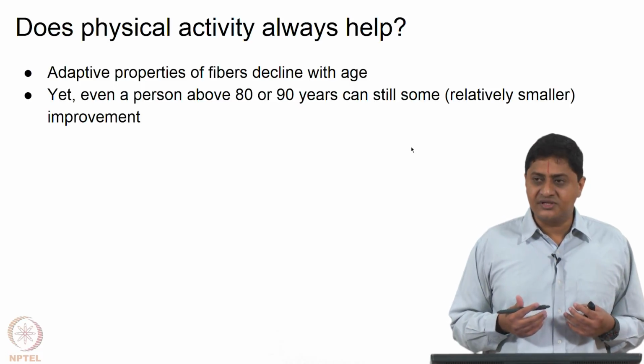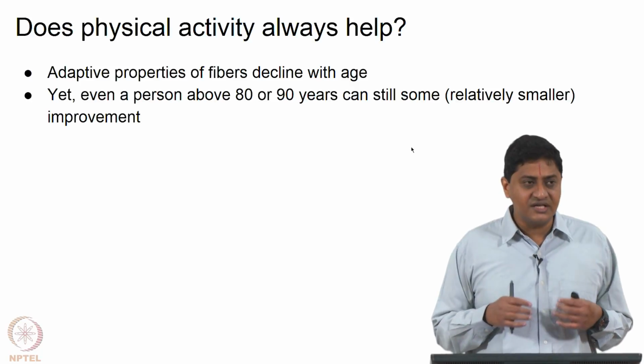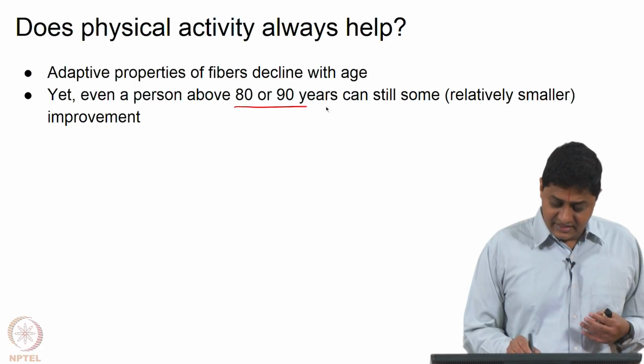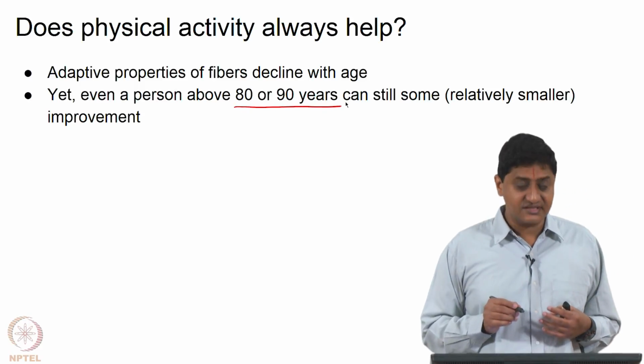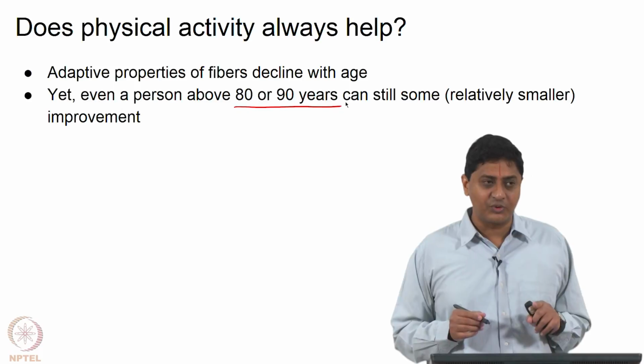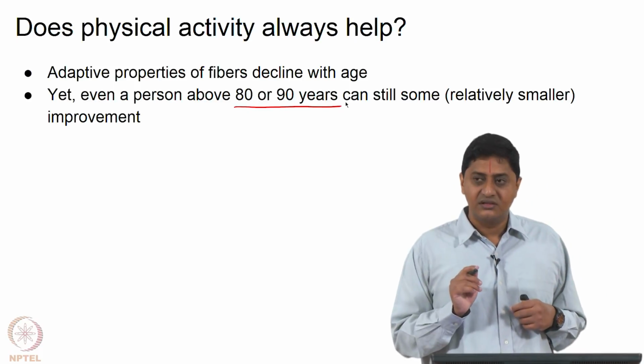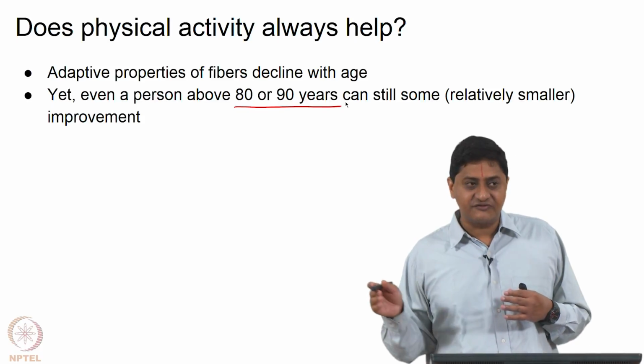Yet it turns out that muscles are still adaptive, still dynamic, that even a person above 80 years, even 90 years can still see some improvement, a relatively smaller improvement in comparison. So, exercise has the greatest benefit when you are young, and the benefit reduces as a function of age.